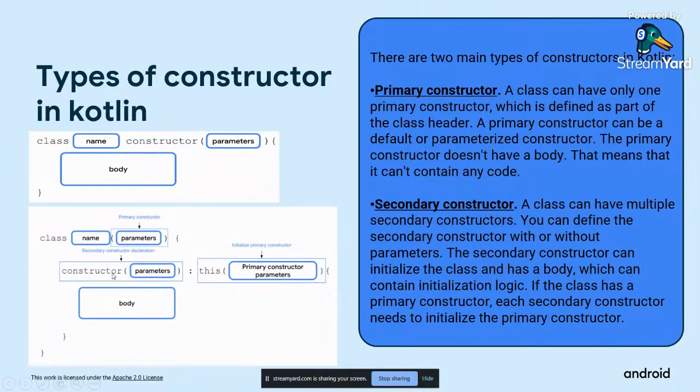Here we also passed parameters, and here we are initializing it with the primary constructor, which is necessary to create a secondary constructor. We do it using the this keyword, and then we pass the primary constructor parameters, and that's how we initialize the secondary constructor. And here is the body. I hope it is clear.